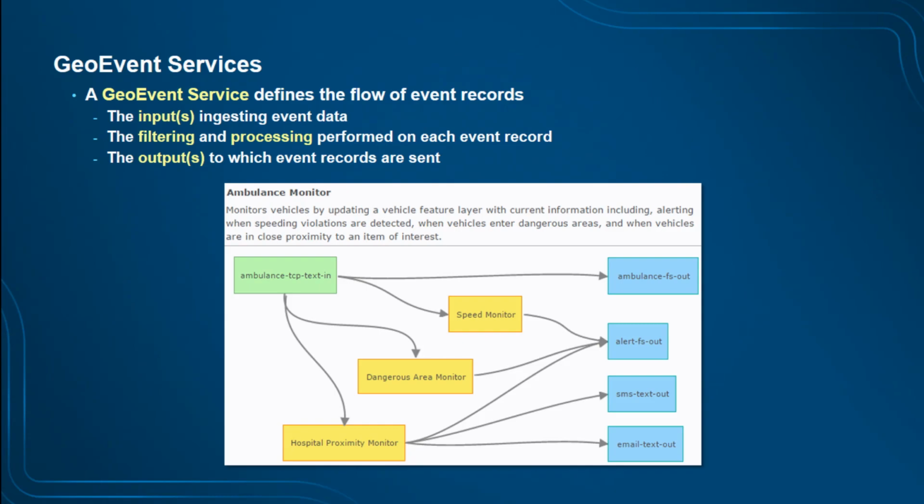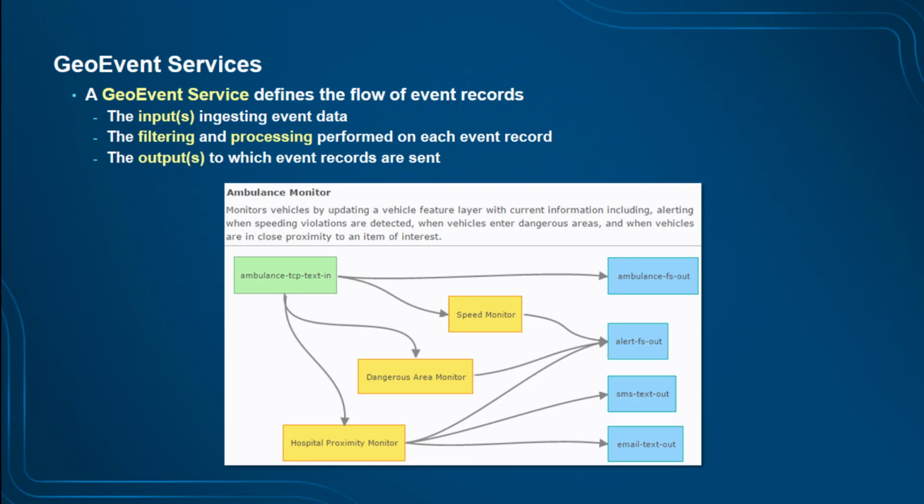As you can see over here, the data is coming on a TCP port. Data in this case is vehicle data. And you have 4 outputs. We also have 3 processors over here. We are trying to monitor the speed of the vehicle. Let's say, for example, if the vehicle is speeding, you can get an alert.